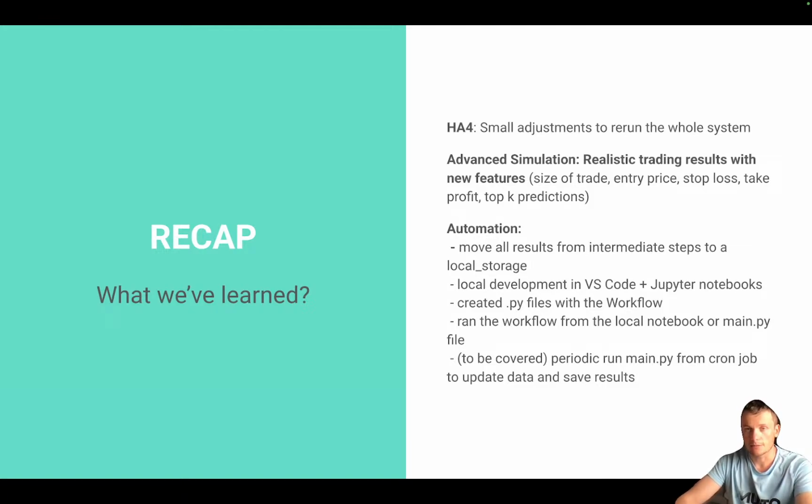We spent some time discussing advanced simulation, and I showed you how to do the automation to have local development in Visual Studio Code, run Jupyter notebooks locally, move all results from Colab to Python files, create data classes, and also how to run a workflow from terminal or from a Jupyter notebook.